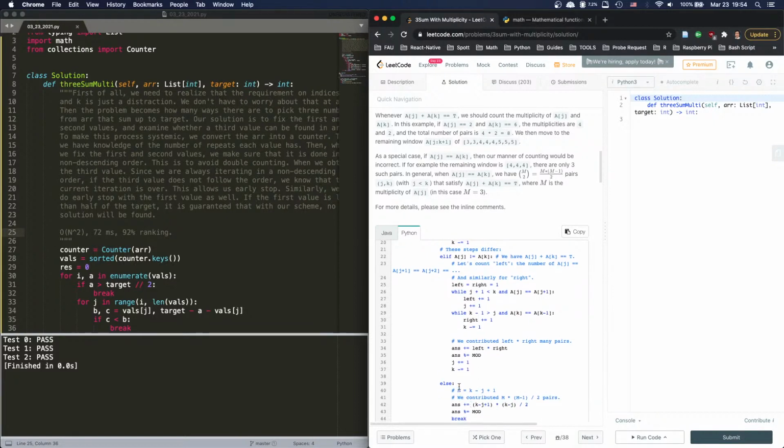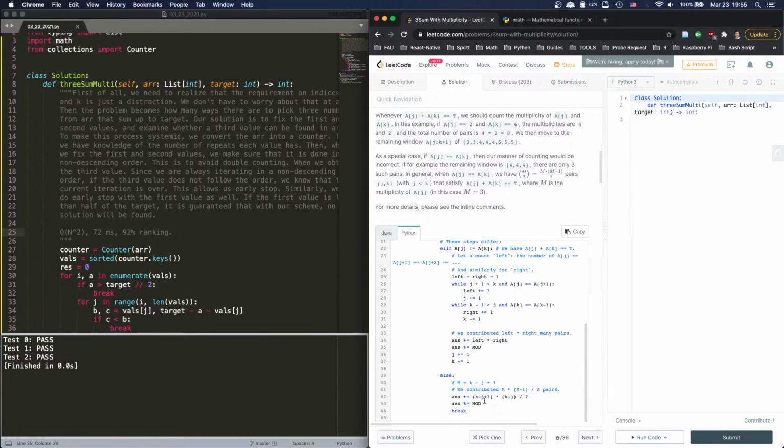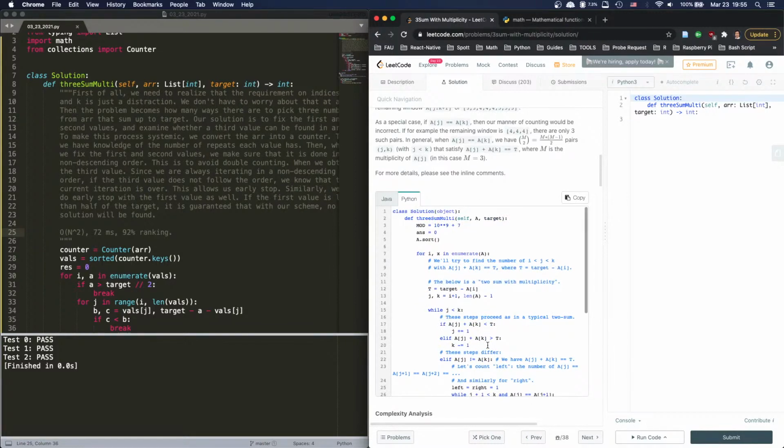This is when they're equal, and if they're equal, that's the first time they're equal, so we count n times (n minus 1) divided by 2. Okay, yep, that's a good solution.